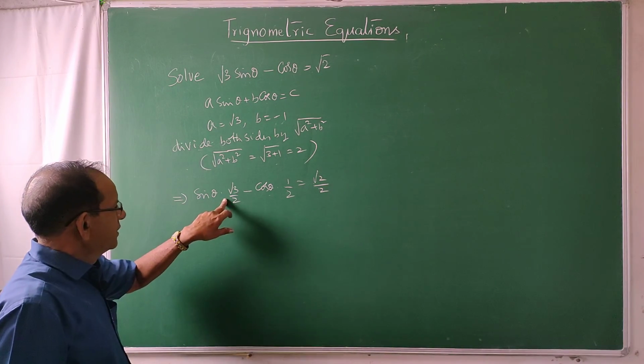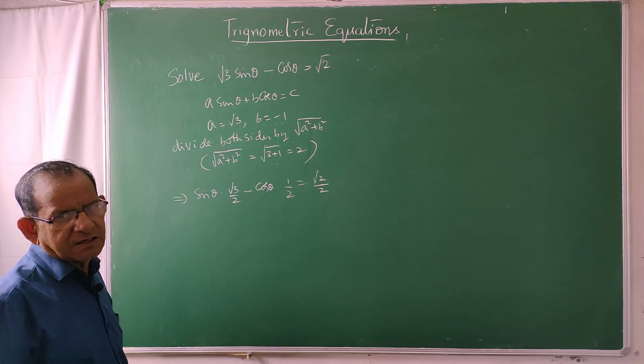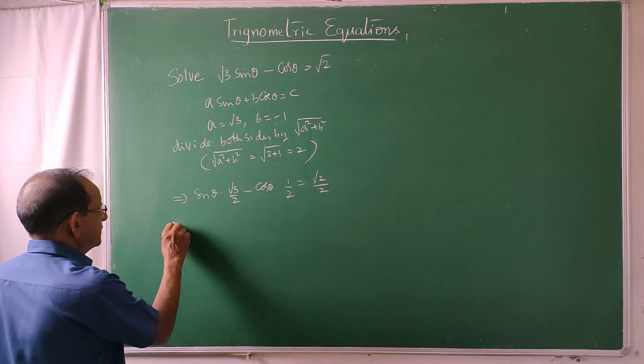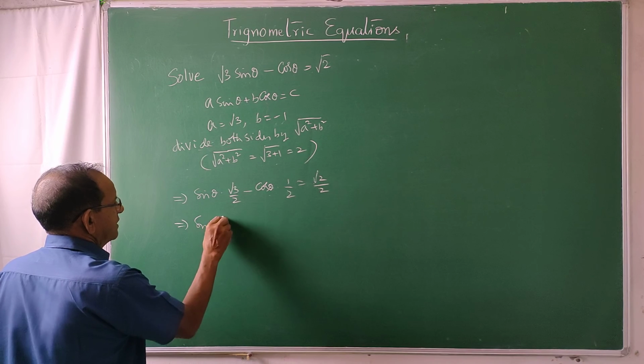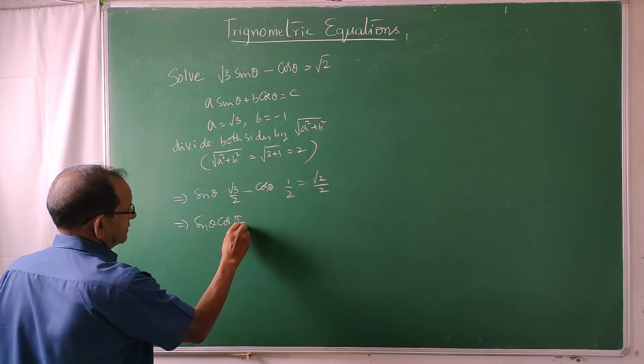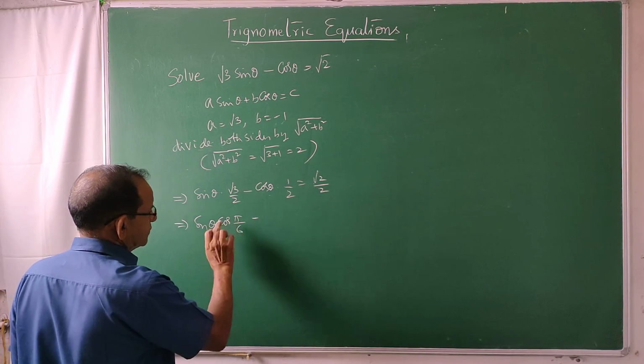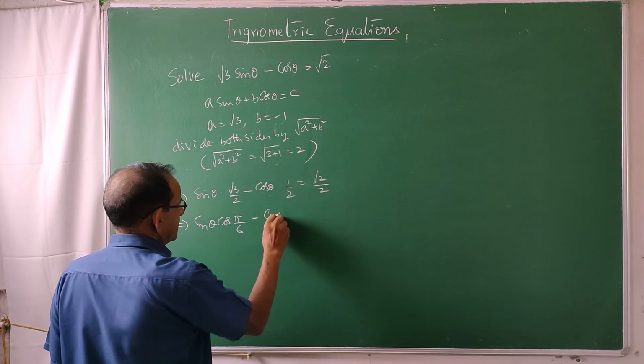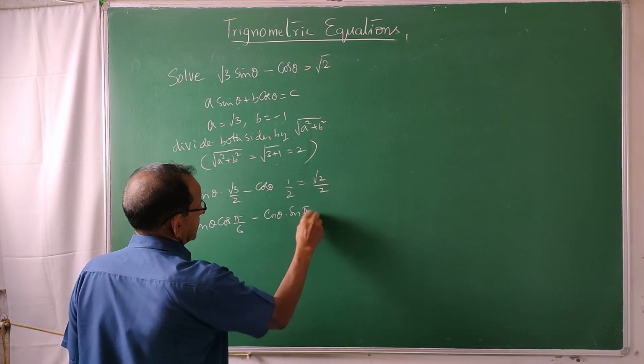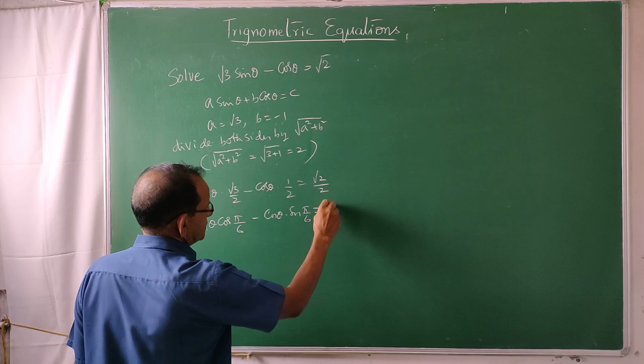Now, for root 3 by 2 you can write cos 30 degrees. Sin theta cos pi by 6. Cos 30 is root 3 by 2, into cos theta into sin 30, that is sin pi by 6. Root 2 by 2 is 1 by root 2.